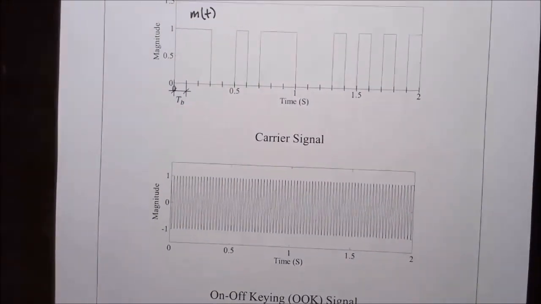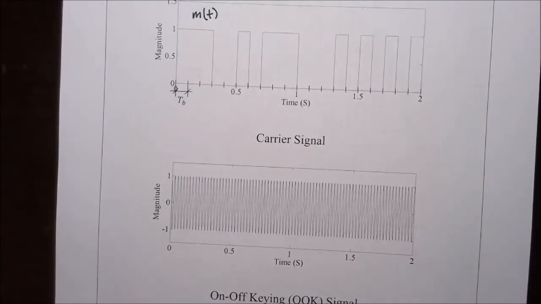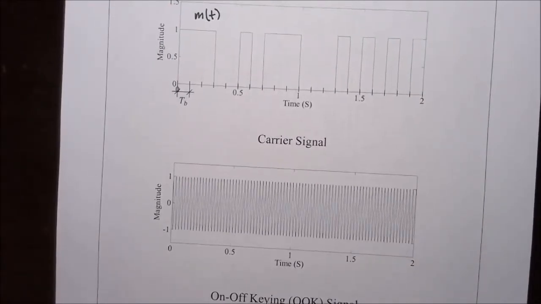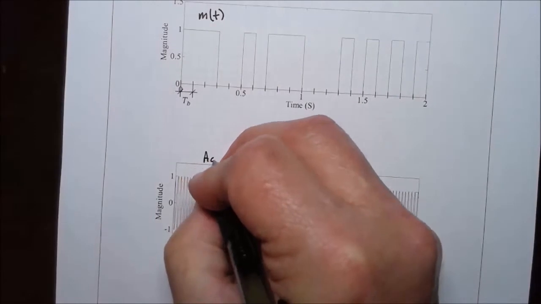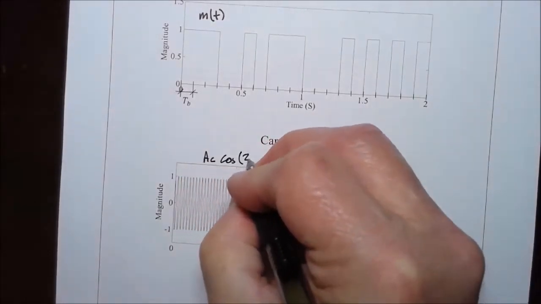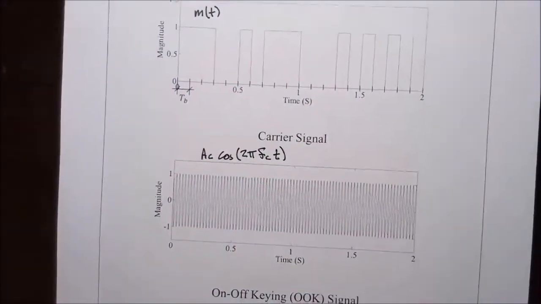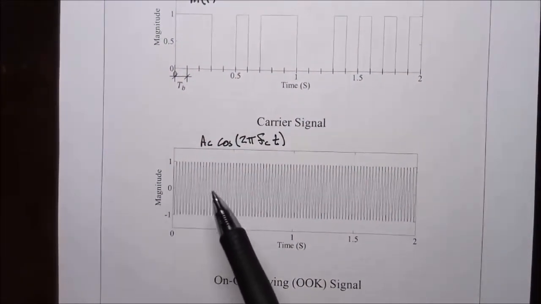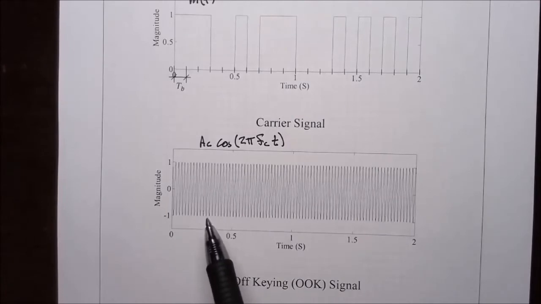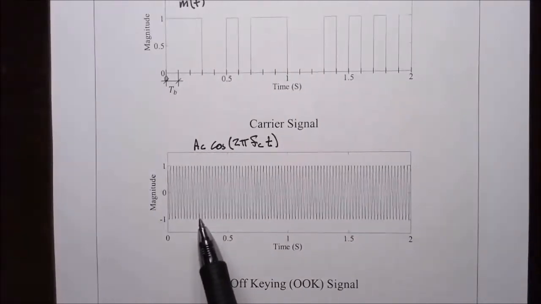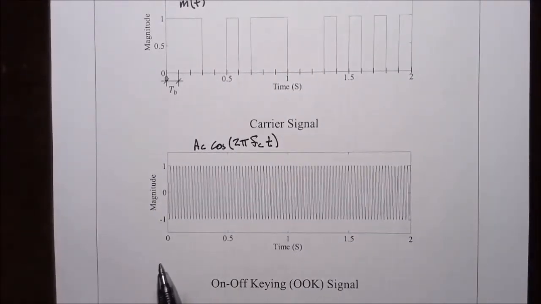and the carrier signal, just as we've seen before, is AC times the cosine of 2 pi FC t, and I've chosen a carrier frequency so that the pictures that this MATLAB program generates are useful and nice to look at, I suppose.